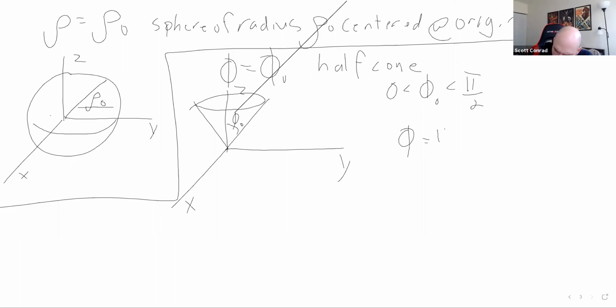What is phi equals pi over 2? So if we look at the set of all points which make a right angle with the positive z-axis, what is that going to be? How would you describe that?